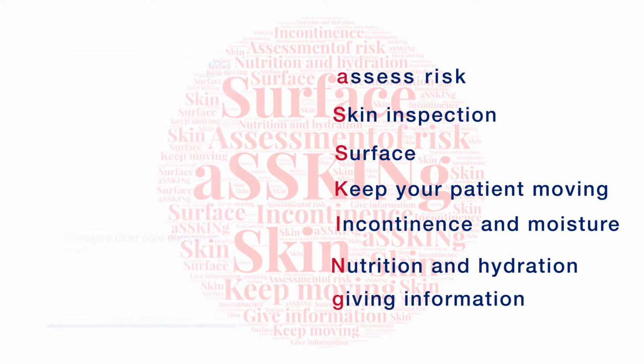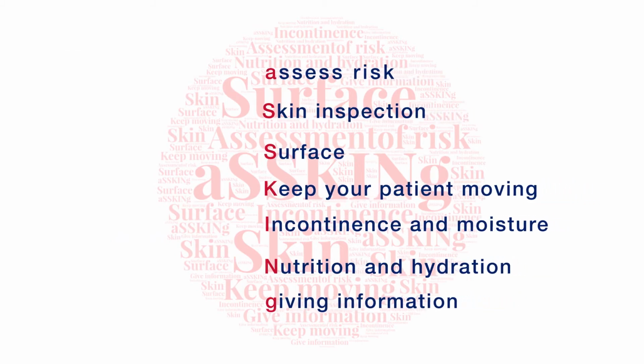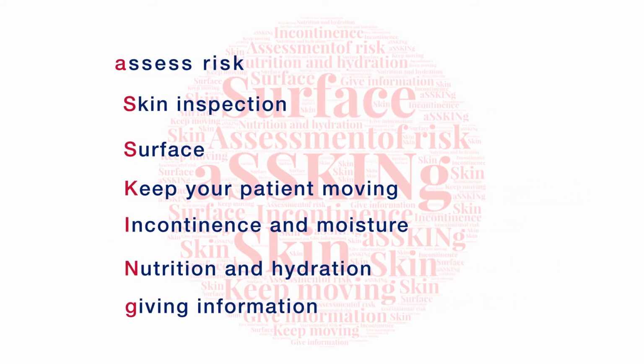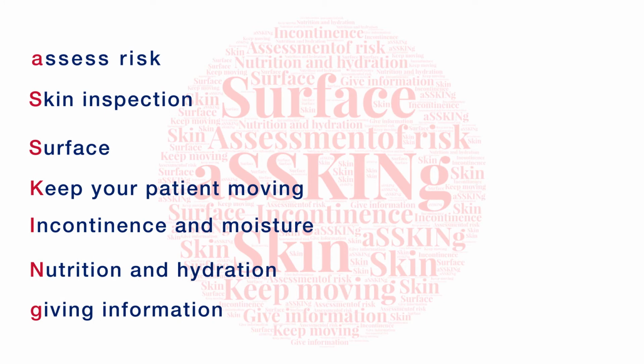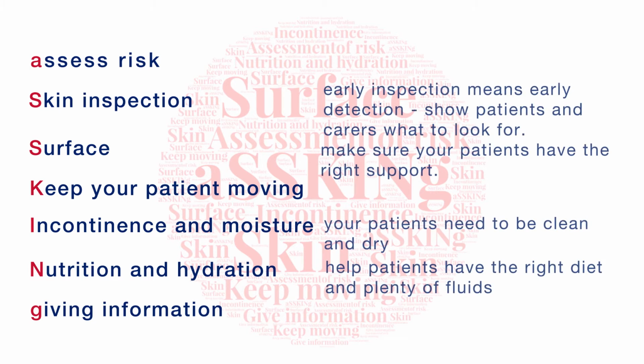While the core aSSKIN acronym remains unchanged and represents the fundamental elements of care delivery for the prevention and, when necessary, management of pressure ulcers, the 2 new additional elements of assessing risk and giving information underpin and support the successful implementation of care.